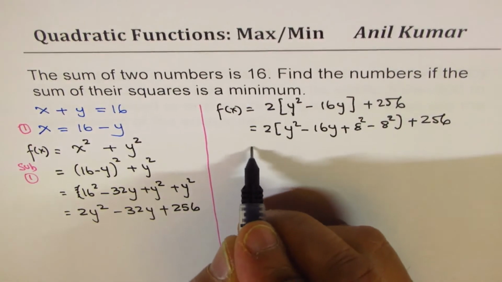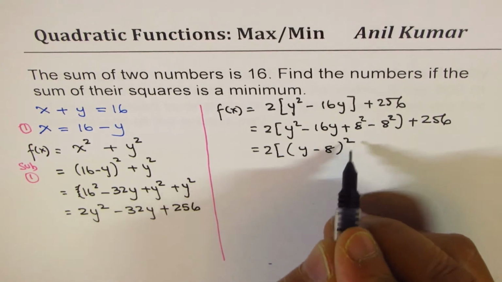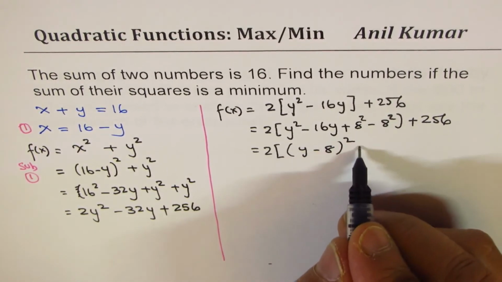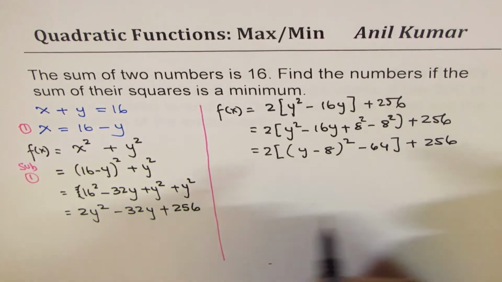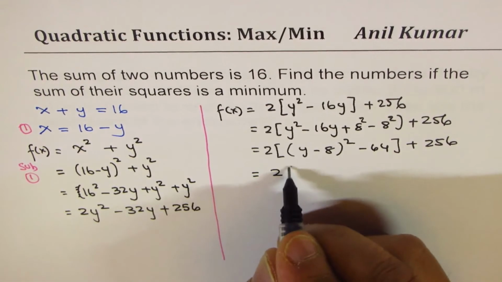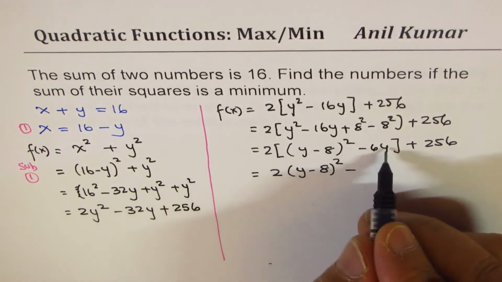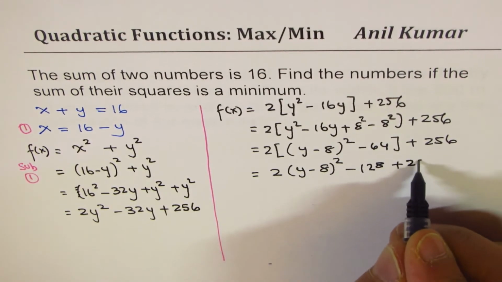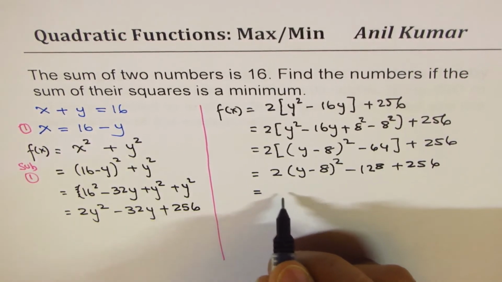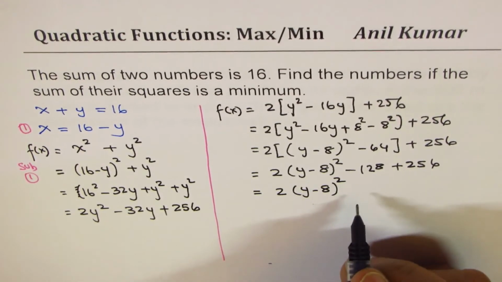That gives you 2 times y minus 8 whole square, and minus 8 square is minus 64. Opening the bracket, 2 times y minus 8 whole square, minus 2 times 64, so 128, plus 256.